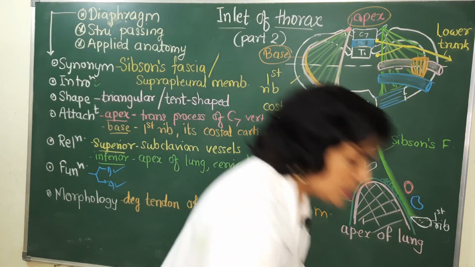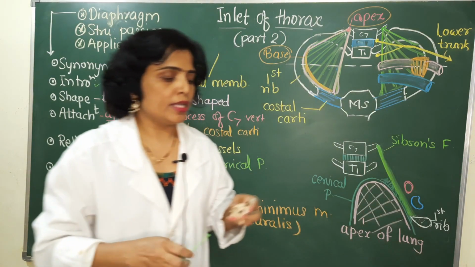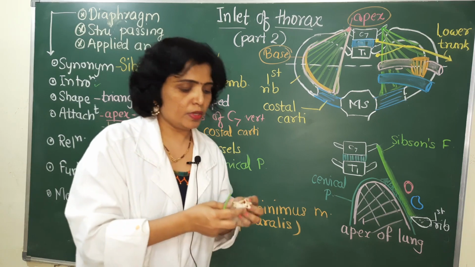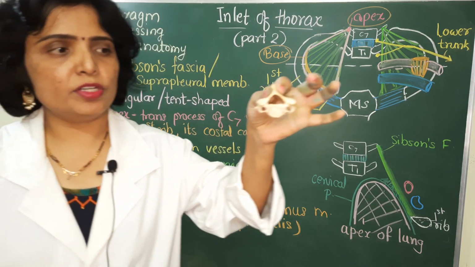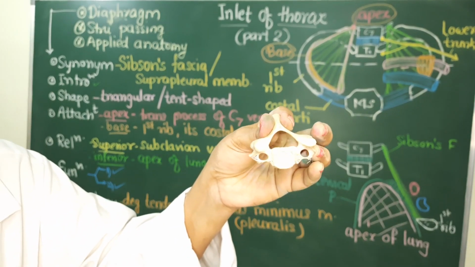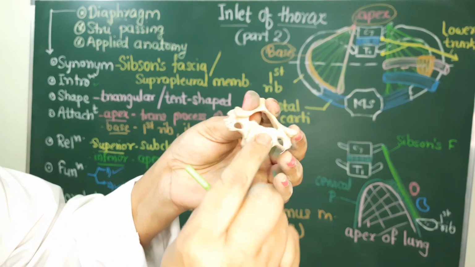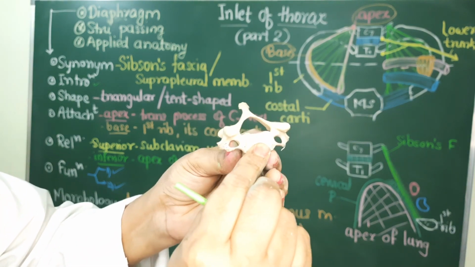Now here I will show you first the C7 vertebra and then the Simpson's fascia. Okay, so here now I will show you the zoom picture. See, now this is C7 vertebra. Okay, so this is the body of the C7 vertebra.